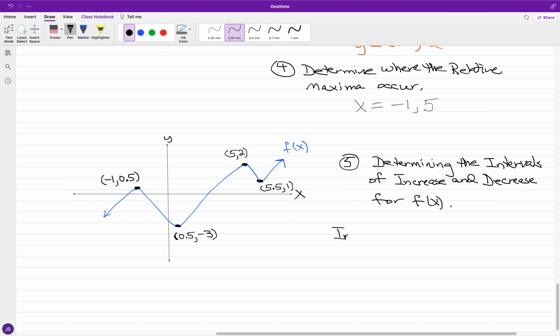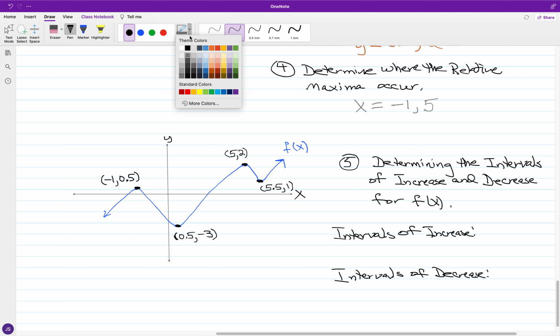For the intervals of increase and decrease, you're looking at reading the graph in order from left to right. So the first bit of motion, you have an increase.